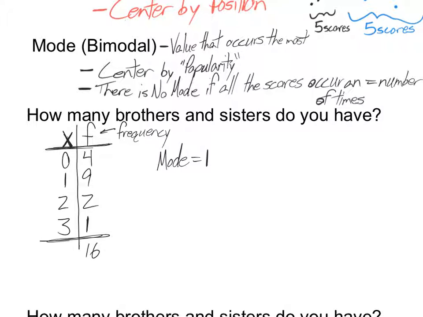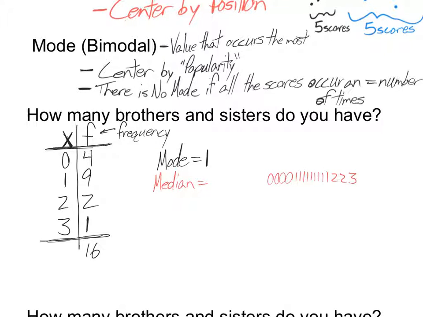Now we have the median. We said this is the middle by position. When you have a frequency table, you actually still can figure out what the median is relatively easily, but let's look at how. If I were to arrange these in order, I'd have 0, 0, 0, 0, 1, 1, 1, 1, 1, 1, 1, 1, 1, 2, 2, and 3.